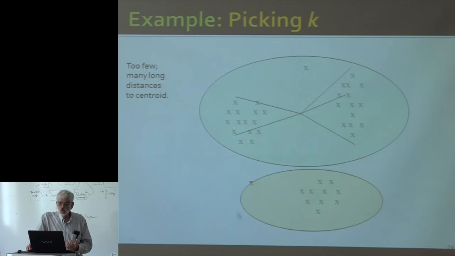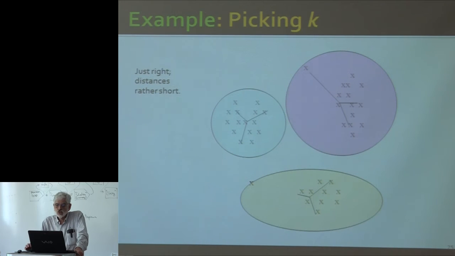In this case, this cluster is sort of right. It'll have a relatively small distance to centroid. When I use the right number of clusters, still, since the outliers get assigned to a cluster, they will have long distances, but most of the points will be relatively close to their cluster centroid. So there'll be a big drop going from 2 to 3.